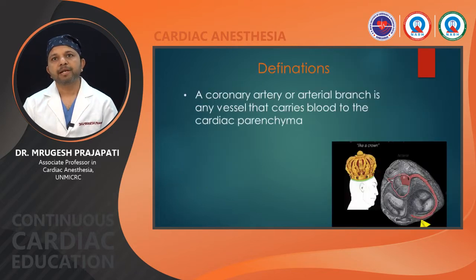So a coronary artery or arterial branch is any vessel that carries blood supply to the cardiac parenchyma. The word coronary means like a crown. So the coronary arteries lie over the heart in the same fashion as a crown lies over one's head.